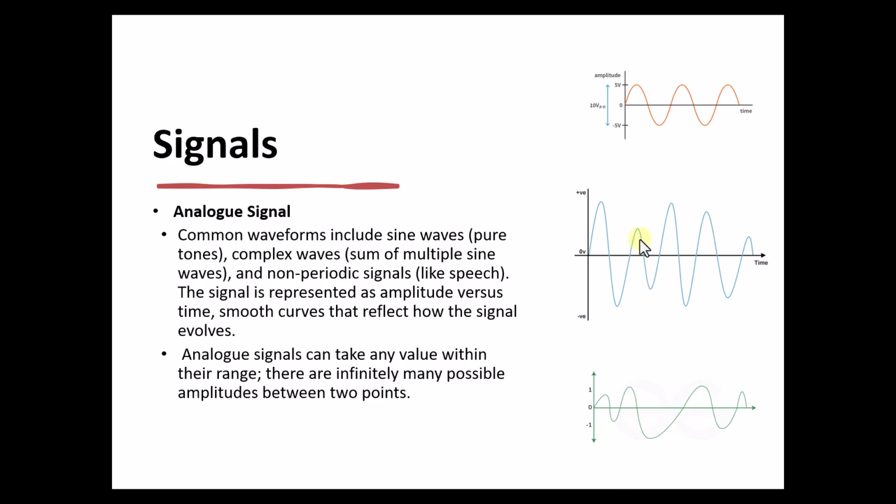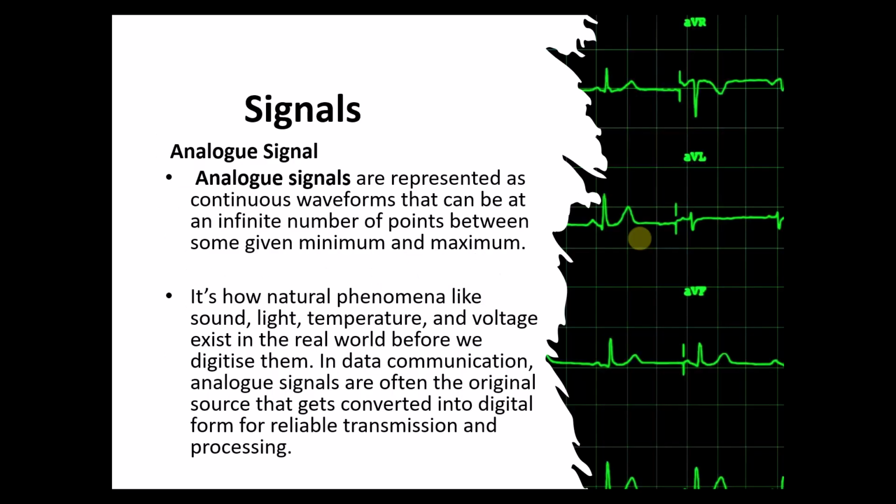Given any 2 points in an analog signal, there are an infinite number of points that form the signal. It is how natural phenomena like sound, light, temperature, voltage, and others exist in the real world before we digitize them. We'll look at digital signals later.